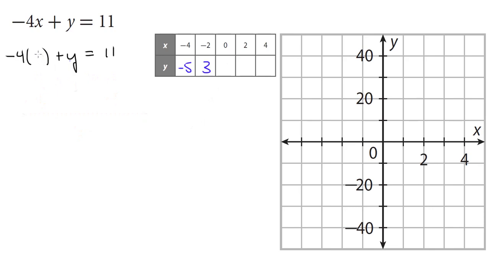Where x is 0, negative 4 times 0 is 0. 0 plus y equals 11, so y equals 11. Where x is 2, negative 4 times 2 is negative 8, plus y equals 11. Add 8 to both sides, and we have y equals 19.